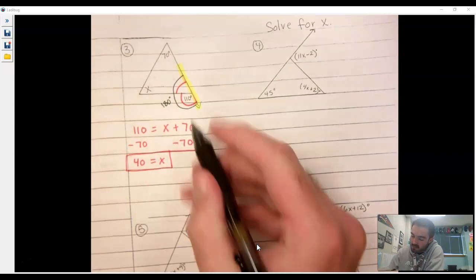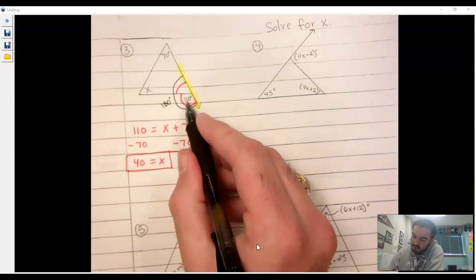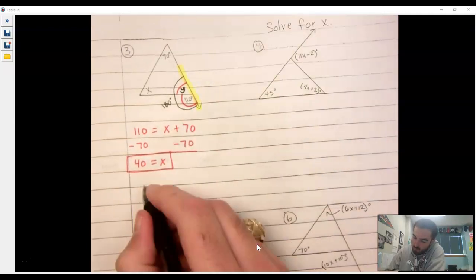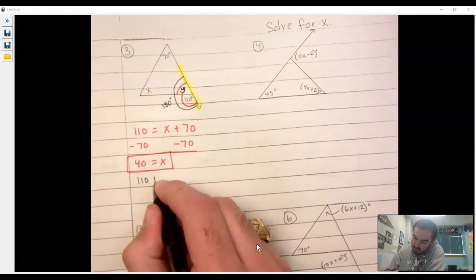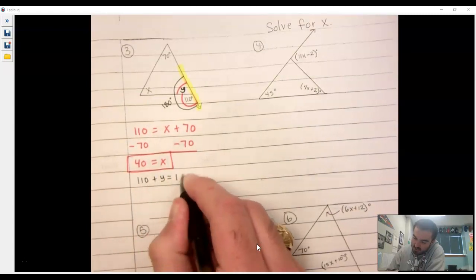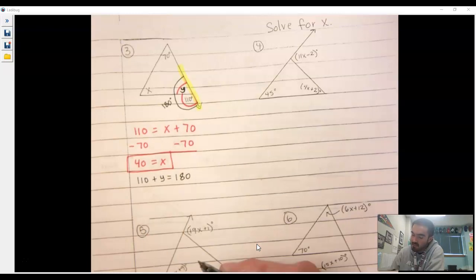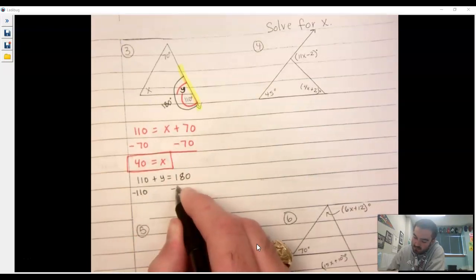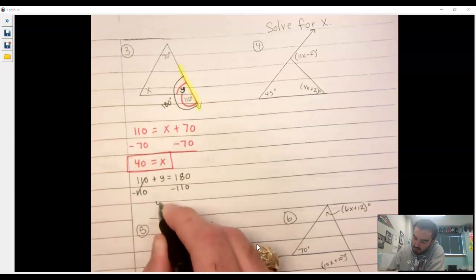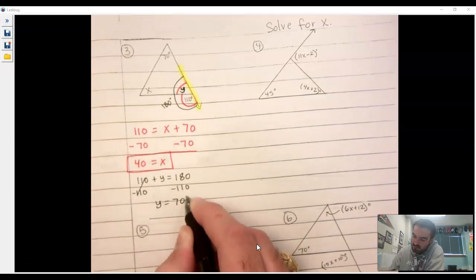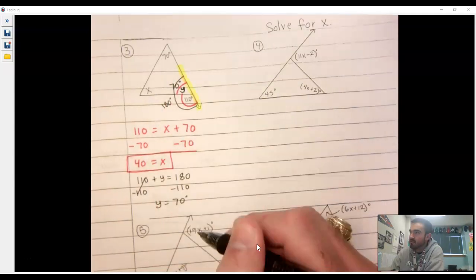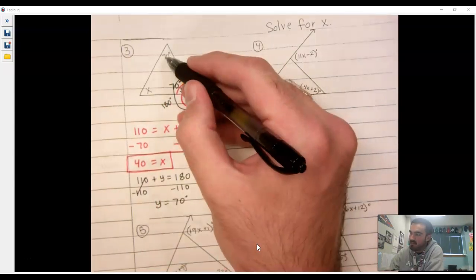So that means that 110 plus, let's call this y, 110 plus y would equal 180 degrees. So to find that angle, we could subtract 110 on both sides. Y would equal 70 degrees. Okay, so if we know that's 70 degrees, we know this is 70 degrees.